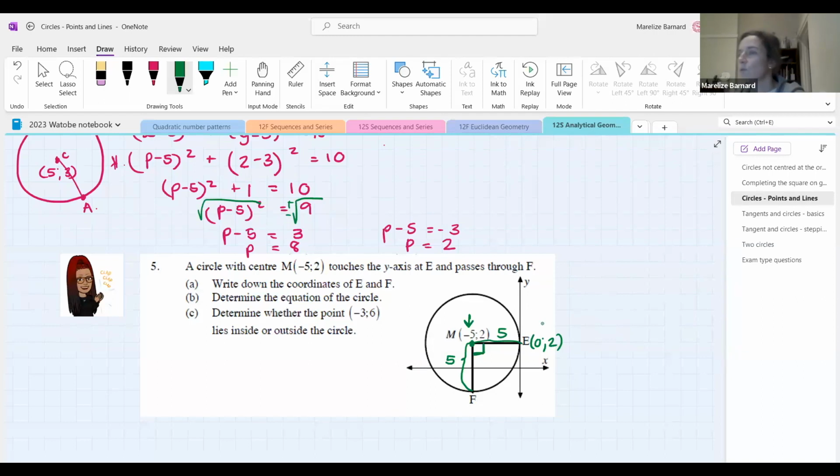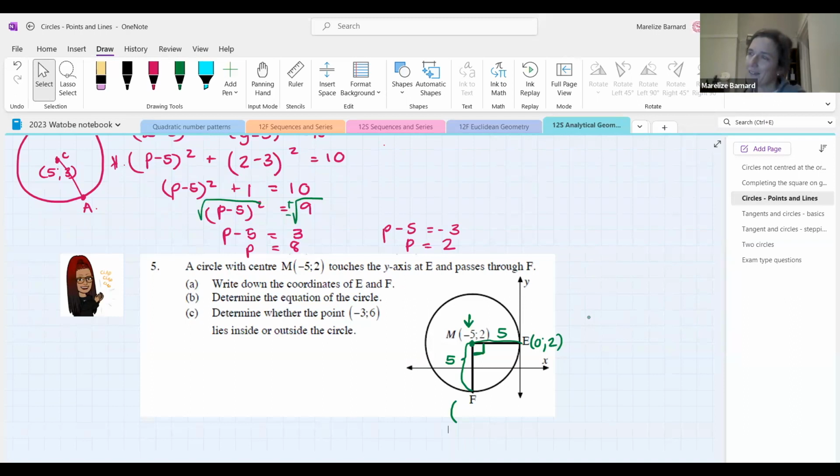So don't get caught out with the F. I see a few people are not getting caught out. Good. But many of you are getting caught out. So if you have said that F is -5 and -2, you need to rethink. And I've just given it away, actually, because I pointed out the radius. I made it more visible.